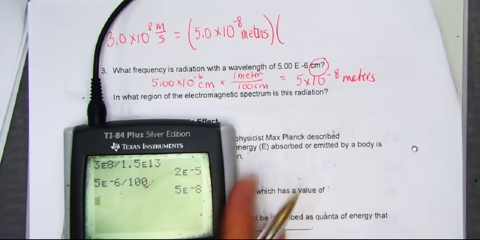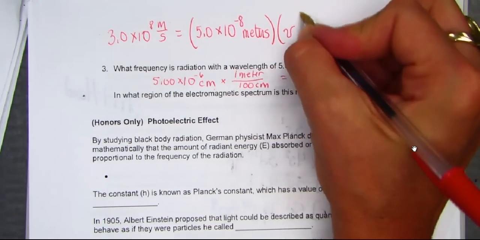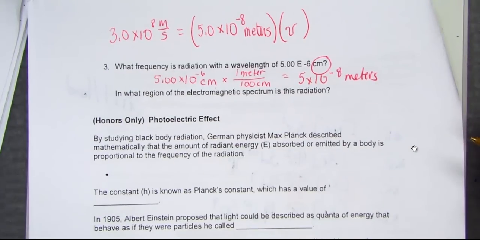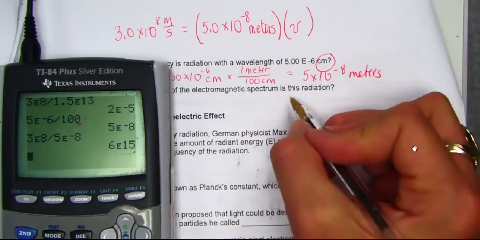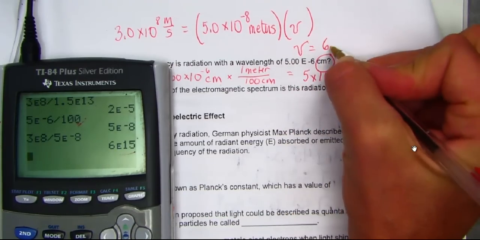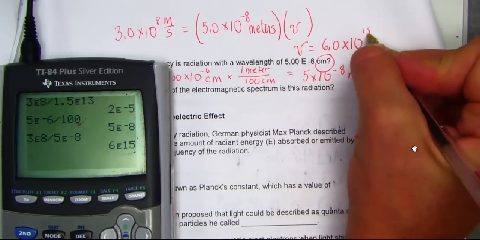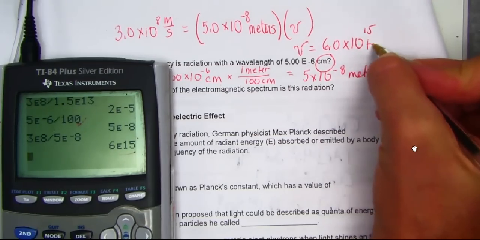Now I can see the meters matching up to the speed of light constant. We're being asked to solve for the frequency. So our speed of light constant, 3 times 10 to the 8th, positive 8, sorry, 3 times 10 to the 8th power meters per second, divide out the wavelength of 5E negative 8, and we find a frequency of 6 times 10 to the 15th per second.